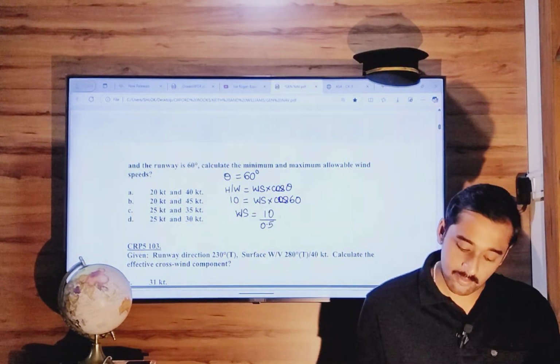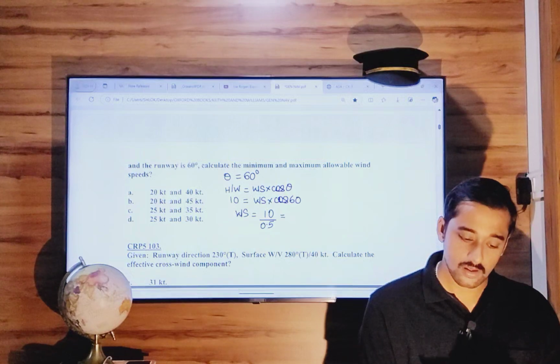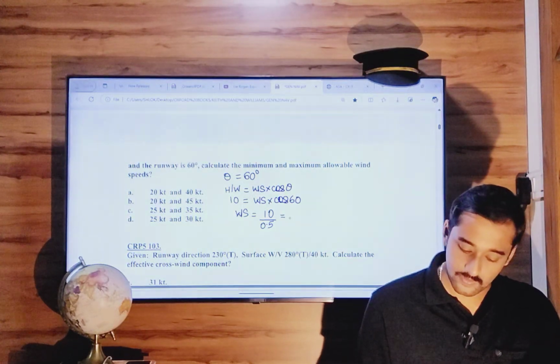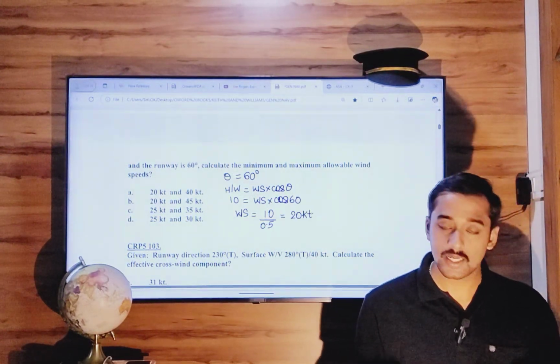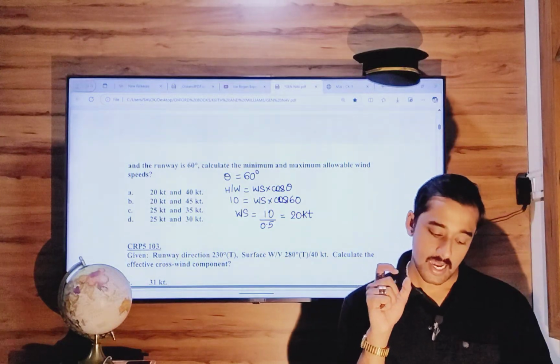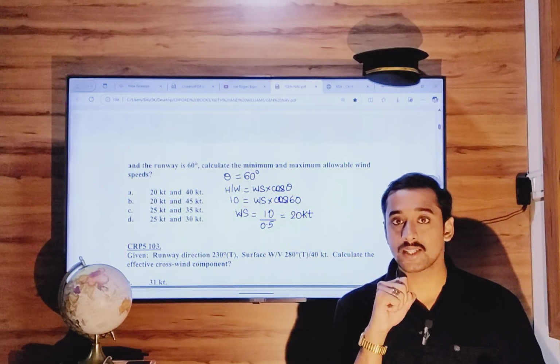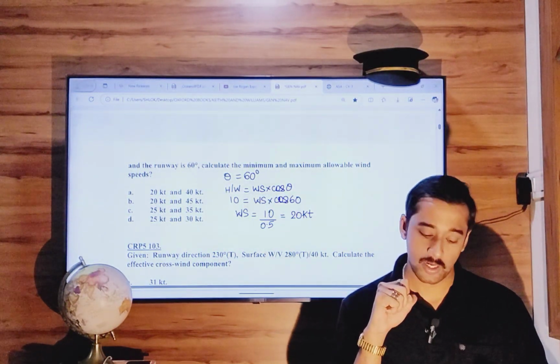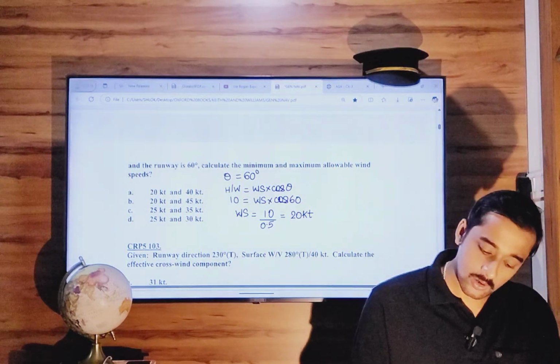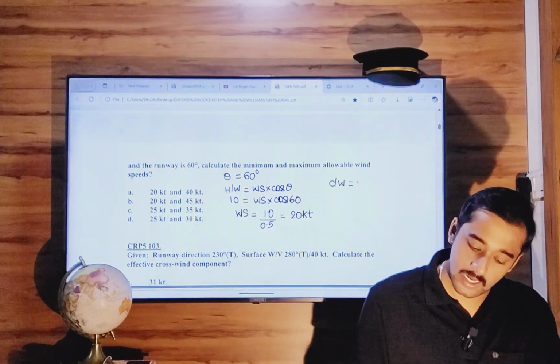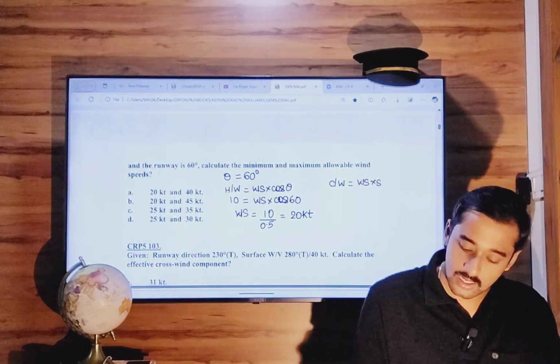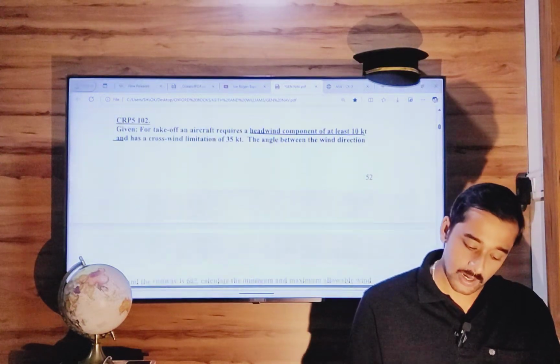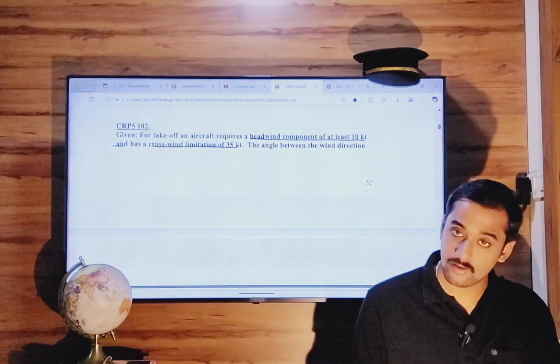So 10 divided by 0.5 is 20 knots. So in order to have a headwind component of 10 knots, it is necessary that wind blows at a speed of 20 knots. Now the crosswind component is wind speed into sine theta. Crosswind component maximum is 35.